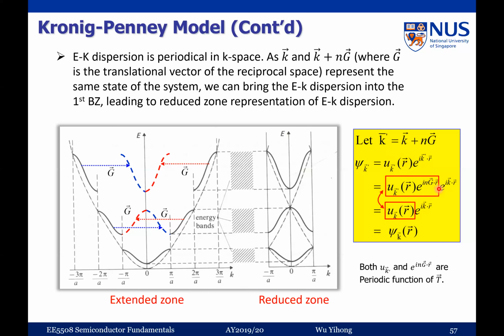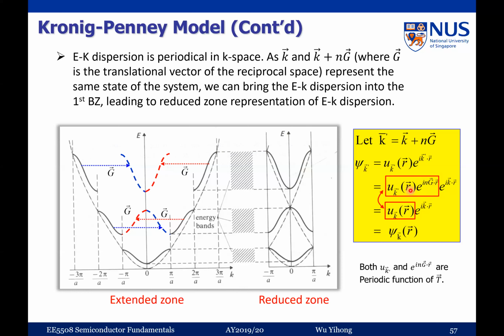So this means that when R changes by one translational lattice vector, that is the periodicity of this one, of course this G dot R would be a multiple of 2 pi. If it's a multiple of 2 pi and N is an integer, eventually this is 1. So this one also has the periodicity of the lattice.